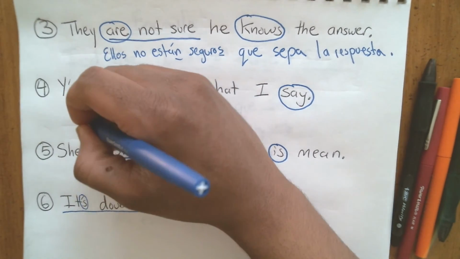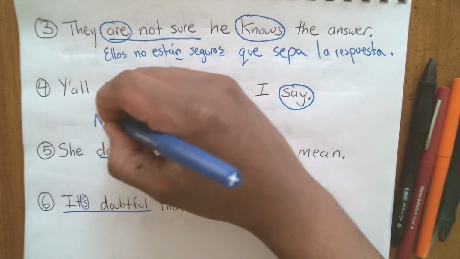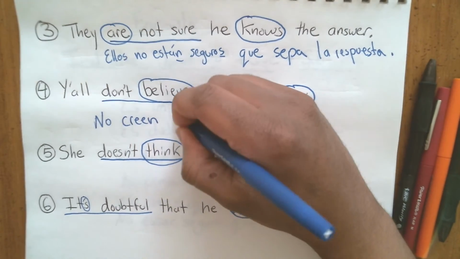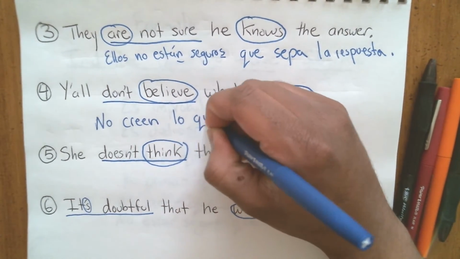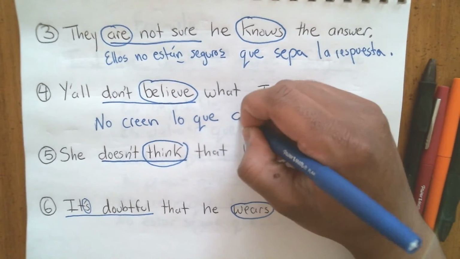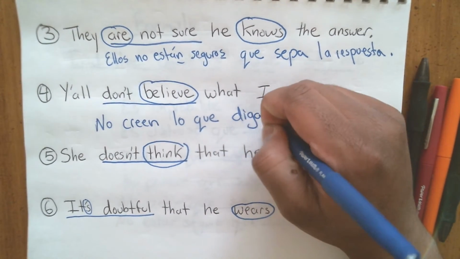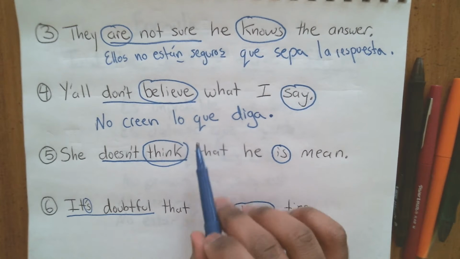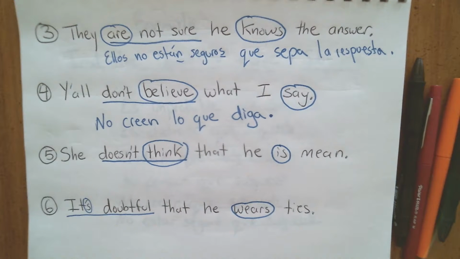So it'd be ustedes no creen lo que diga. Okay? Not digo, diga. And lo que together means what? Like y'all don't believe that which I say. Literally this means that which I say. No creen lo que diga. Y'all don't believe that which I say.